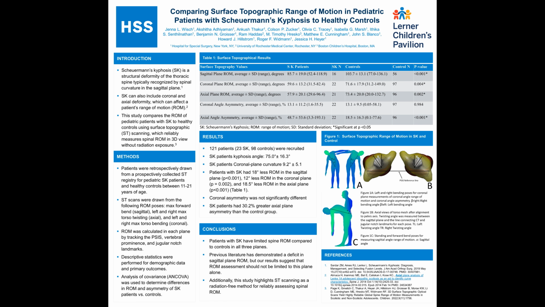Table 1 illustrates the results for surface topographic values for the sagittal plane range of motion, which was significantly different and larger for controls, smaller for Scheuermann's kyphosis patients; coronal plane range of motion, which was also significantly smaller for Scheuermann's kyphosis patients; and axial plane range of motion, which again was smaller for Scheuermann's kyphosis patients than controls.